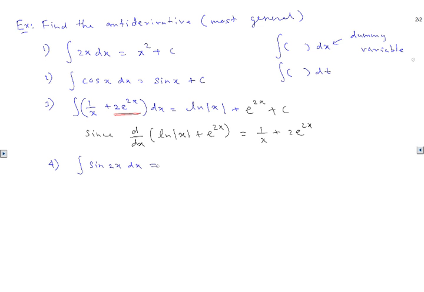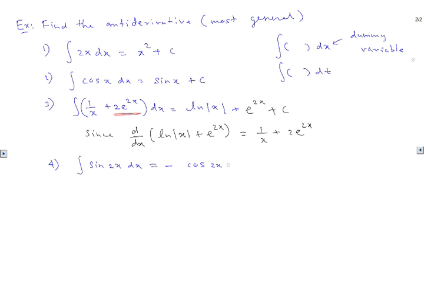Okay, so we know there's a sine, that means it is a negative cosine. So it's a negative cosine 2x, and you know that the inside function does not change.